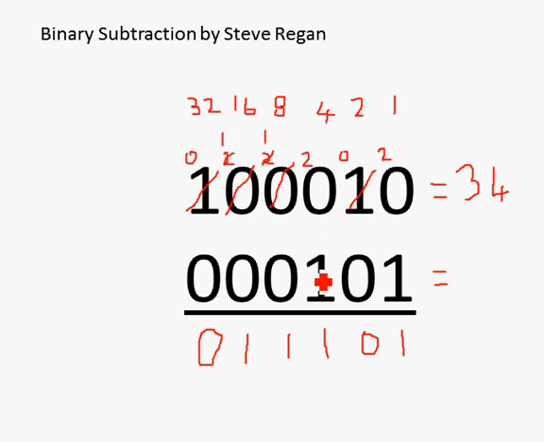Likewise, this would be 4 plus 1, which would be 5. So the number we should get is about 29. Or exactly 29. So let's check whether we've got 29. So 16 plus 8 is 24, plus 4, which is 28, plus 1, which is 29.